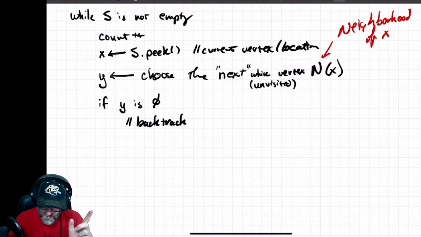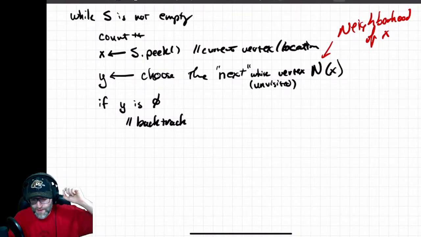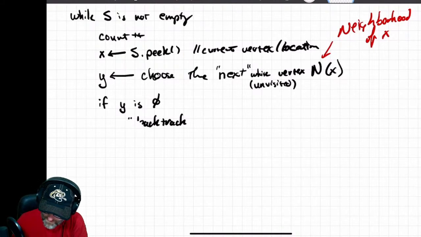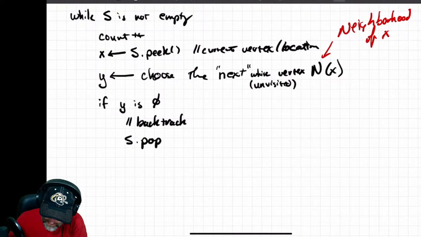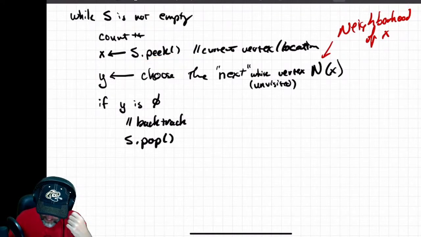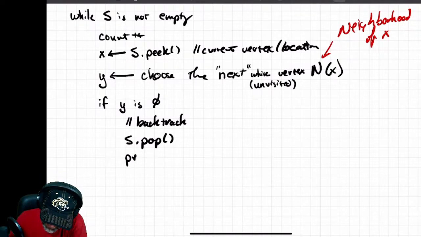But before we backtrack, we need to take that thing off the top of the stack, right? So s.pop. We don't need to capture that return value, by the way, because we've already peeked at it. We already have x. I'm just now formally removing it from the stack, right? We process x.